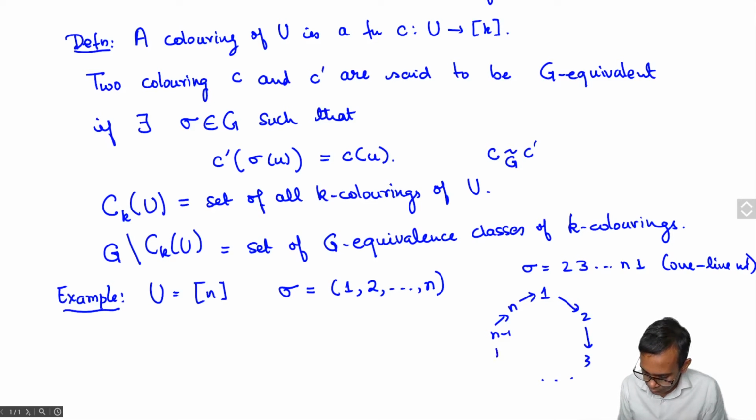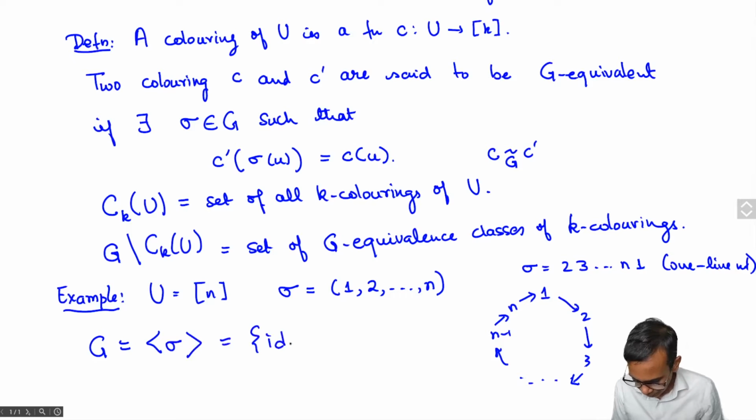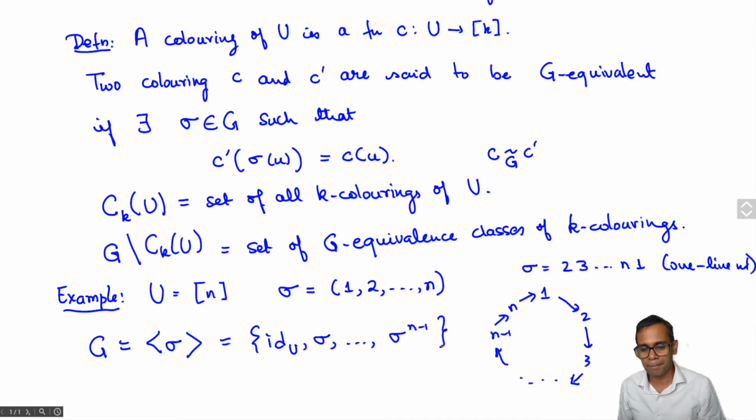So it really looks like a cycle, and we'll take G to be the group generated by sigma. This group consists of all powers of sigma and also the identity. The order of sigma, you can easily see, is n.